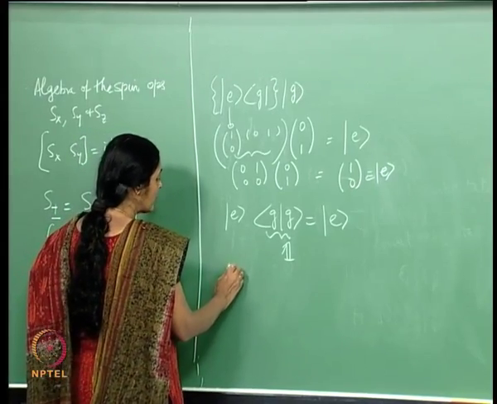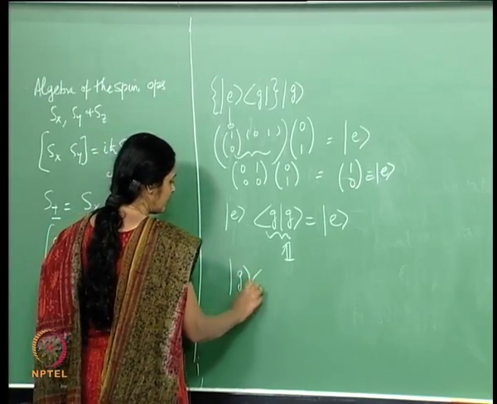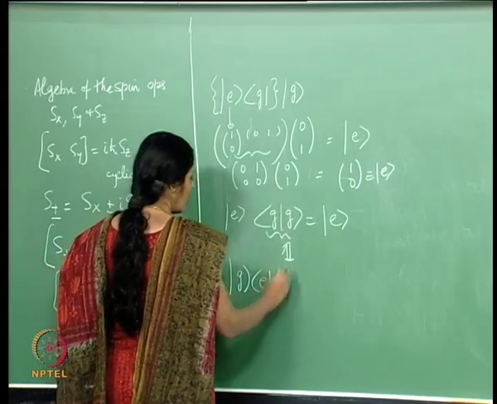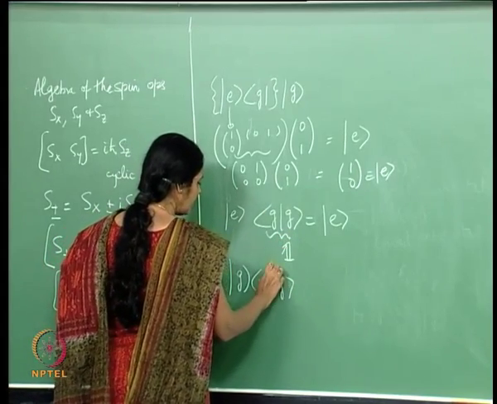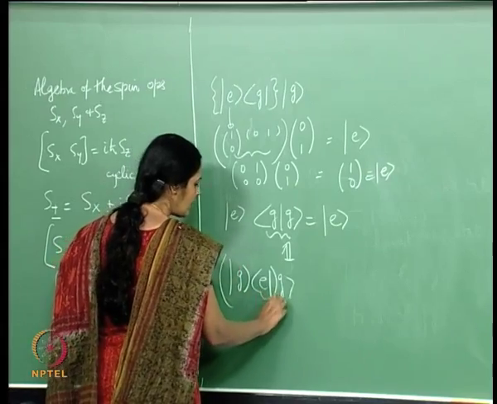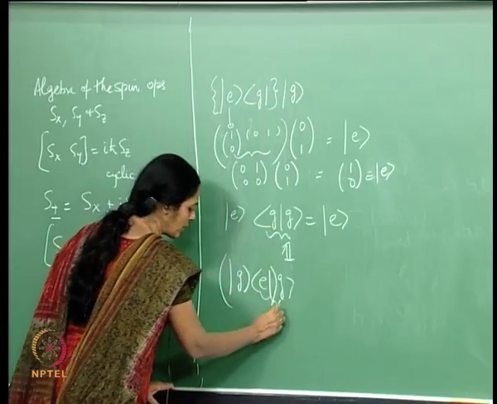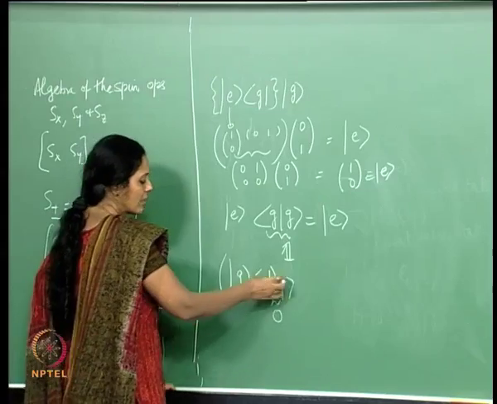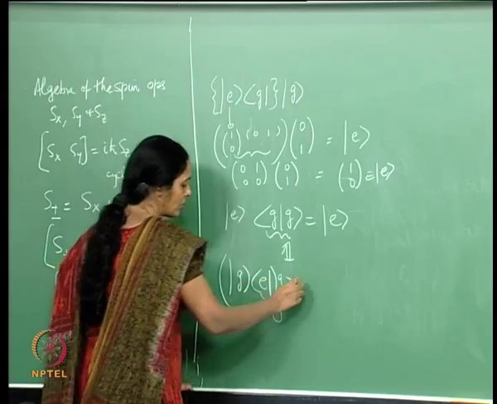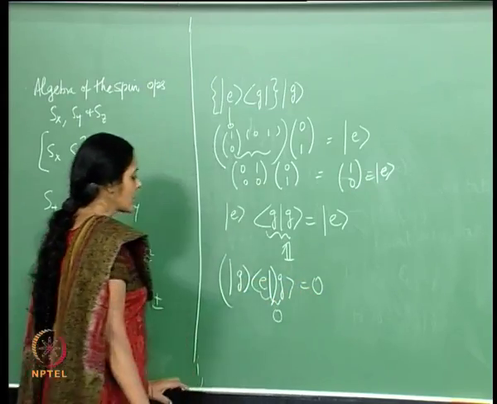Similarly, if I take the Hermitian conjugate operator ket G bra E, and if it acts on ket G, it is clear by the same kind of argument that because ket G and ket E are orthogonal to each other, this is 0.